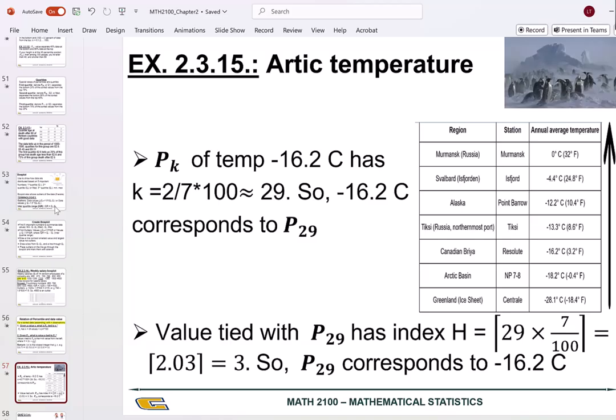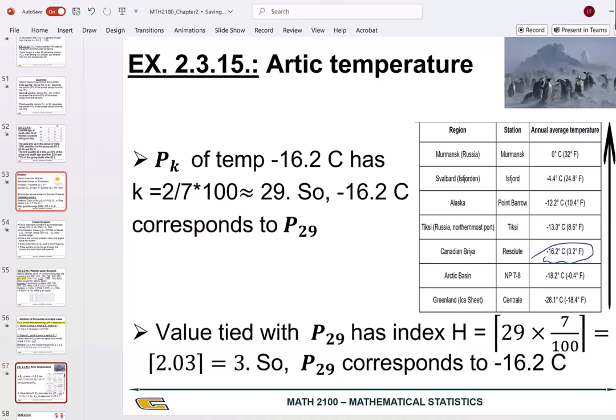In Greenland, the average annual temperature is negative 28.1, or negative 18.4 F. In Murmansk, it is 32 F. So the pk, the percentile of the value negative 16.2, corresponds to the Canadian station here.